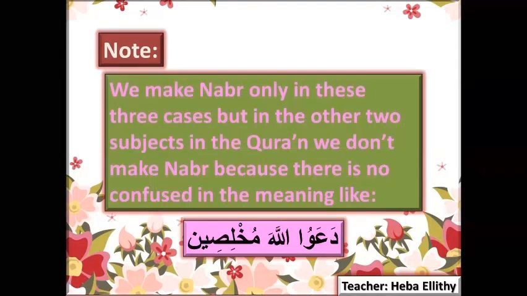But everything in the end is riwayah. It's from Prophet Muhammad sallallahu alaihi wasallam. It came to us like that. Prophet Muhammad didn't make nabr and say da'awullah. He read it da'awullah, normal. But in other places, he makes nabr. So we follow him anyway. Okay?